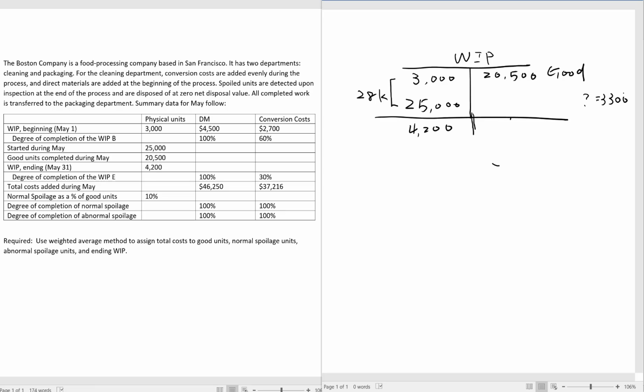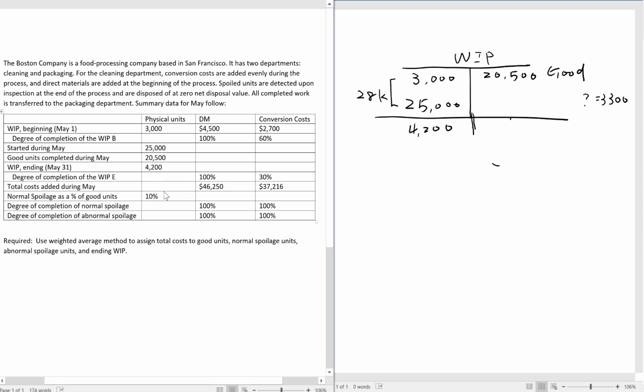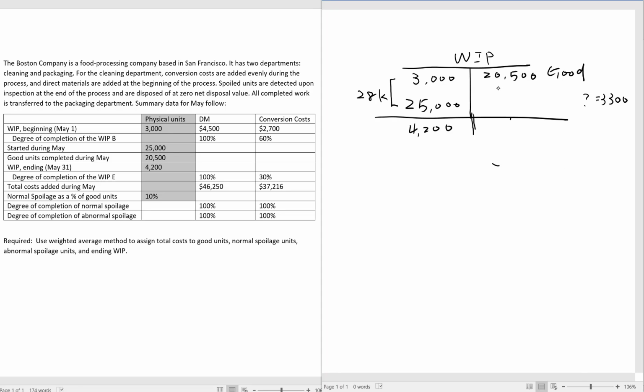Now let's determine how many of them are normal spoilage or abnormal spoilage. It is given information that normal spoilage as a percentage of good units is 10%. Thus, normal spoilage units should be 2,500 good units times 10% equal to 2,050 units.